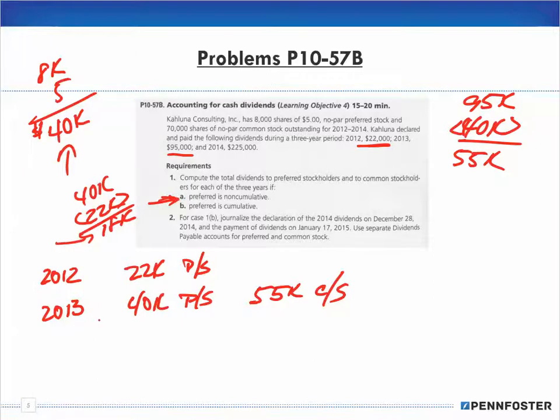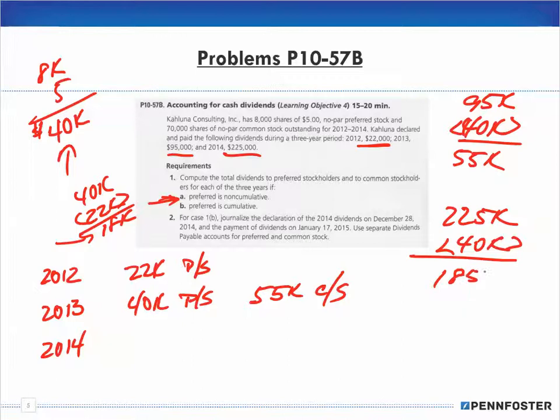Now in 2014, there's 225,000. Out of the 225,000, 40,000 goes to preferred, and that leaves 185,000 left over for common. So preferred gets the 40,000 and 185,000 goes to common stock.